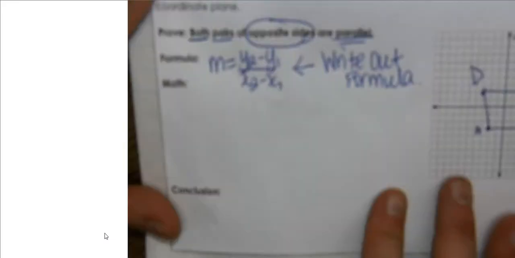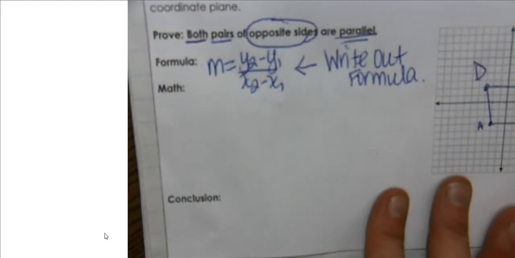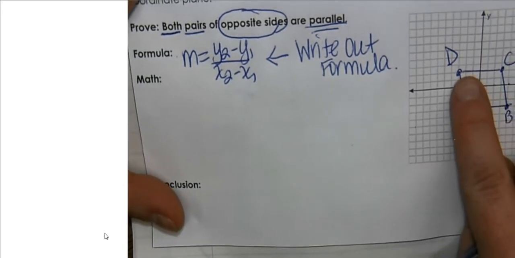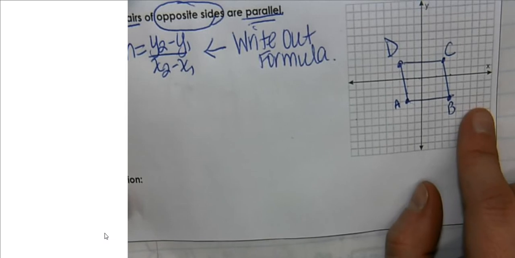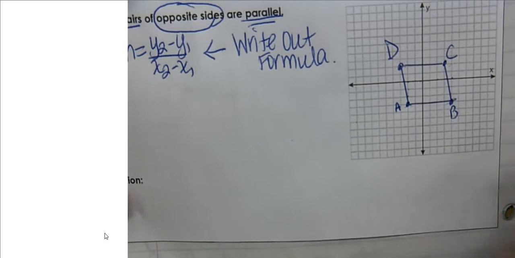Now this question is asking you to show some math. So we're going to need to identify our opposite sides and identify the slope of the opposite sides. Let's start off with AB and DC and compare those slopes.